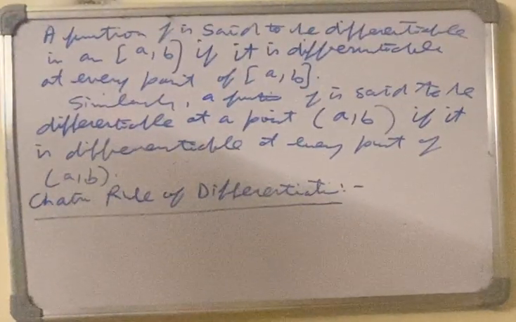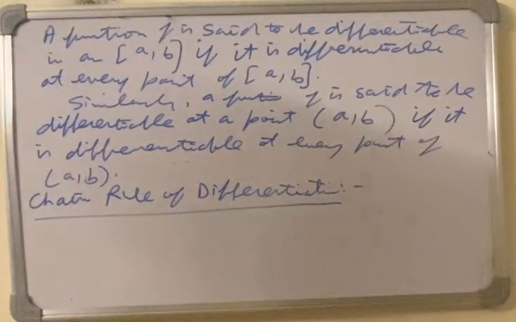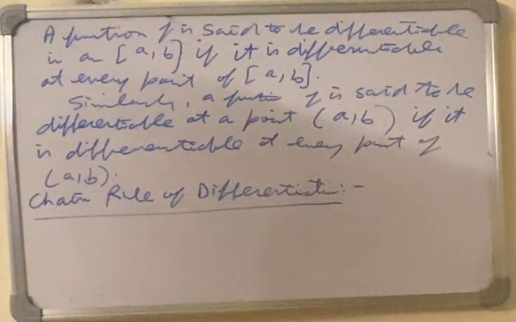We have done the derivatives of sin x is cos x, cos x is minus sin x, tan x is secant square x, and cot x is minus cosecant square x. Derivative of secant x is secant x tan x, and derivative of cosecant x is minus cosecant x cot x.